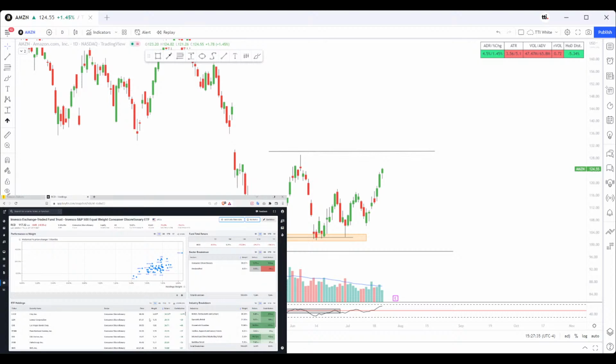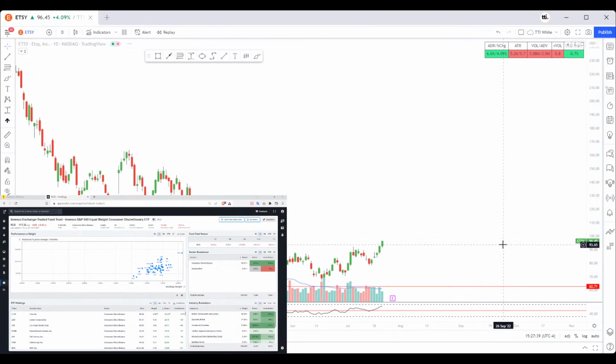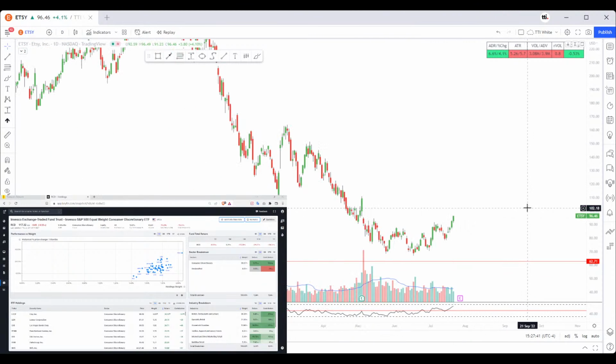Hey, by the way, I don't think anybody saw this because I didn't see it until right now. Someone want to pull up the Etsy chart and post it? Remember, we've been talking about these accumulation levels with rounded bottoms breaking out above horizontal levels. Somebody post the Etsy chart, but don't just post the Etsy chart. Post the rounded bottom and give me a horizontal level on that chart.